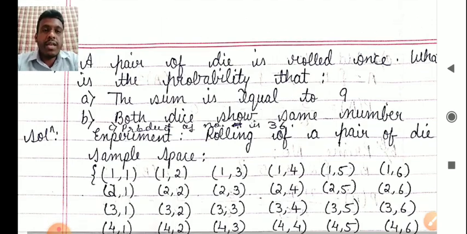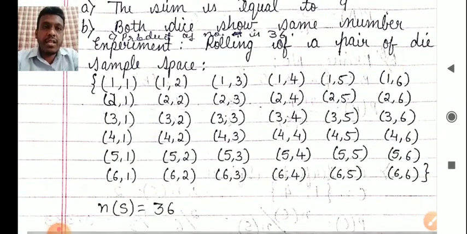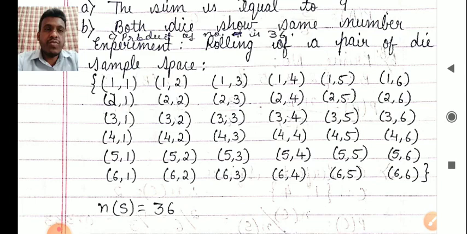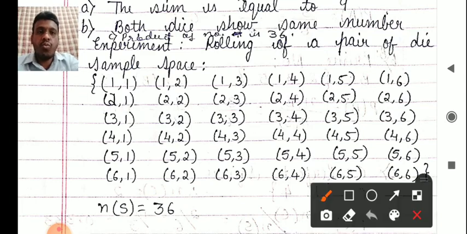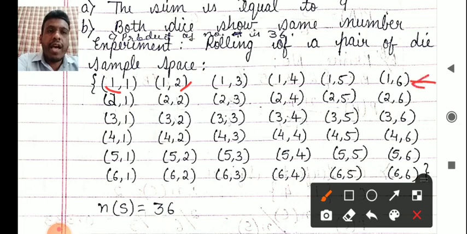Okay, so the sample space is like this. It's quite a big set. It starts with 1 1, 1 2. See here, I have one fixed as 1 and the other die is changing: 1 2 3 4 5 6.